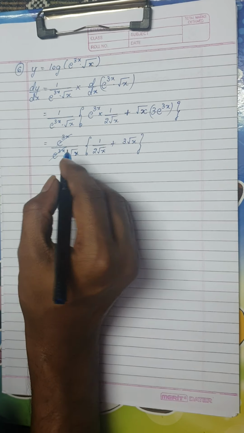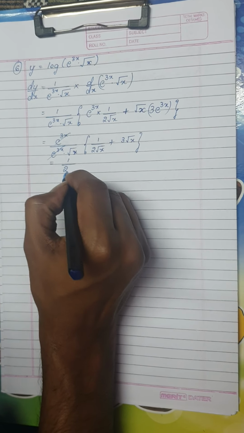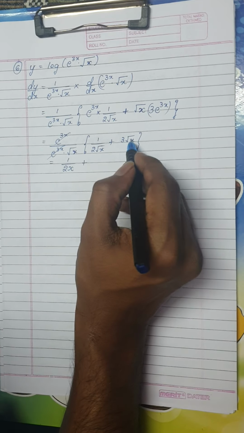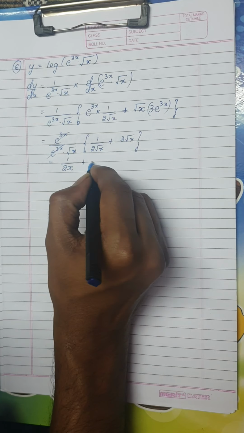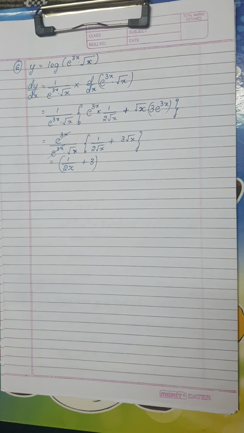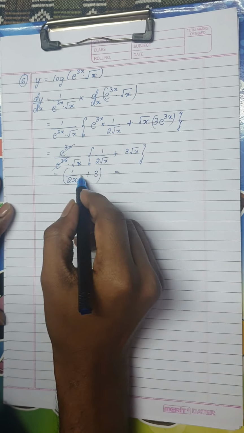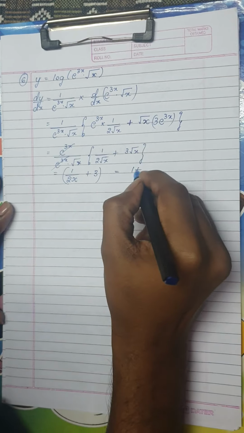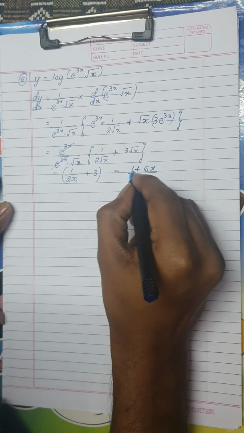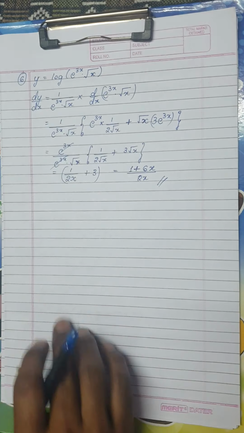If you multiply root x inside, 1 divided by 2 root x becomes 1 by 2x, and in 3 root x by root x the roots cancel, so you are left with 1 by 2x plus 3. You can leave it here, or do one more step using the LCM and cross multiply: 3 into 2x is 6x, so it's 1 plus 6x divided by 2x. So this is the derivative of the given function.